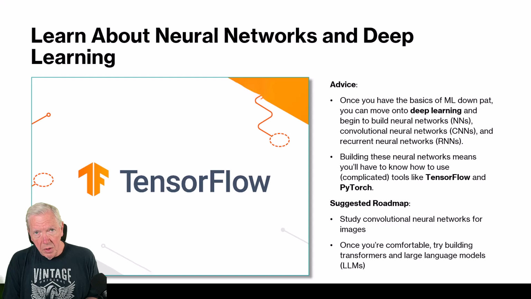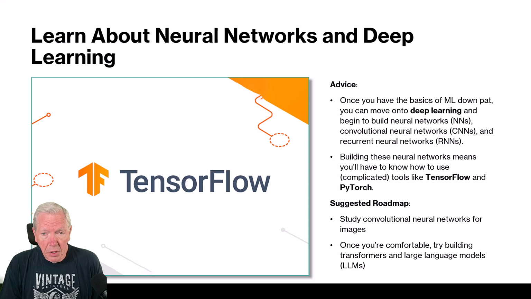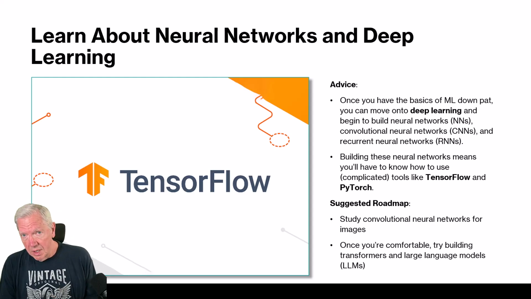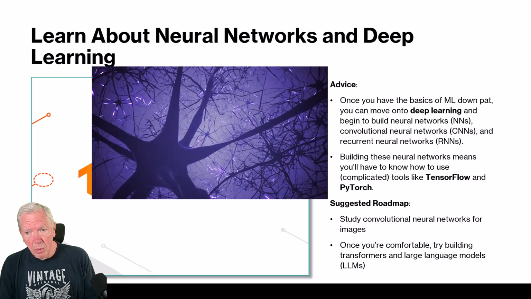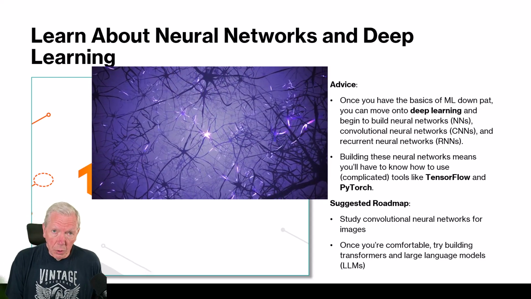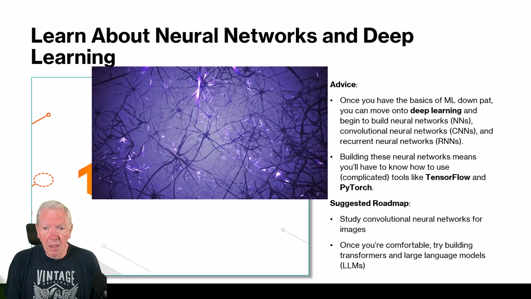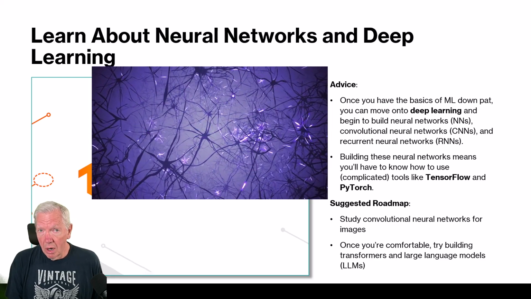Now, as you're doing your work learning about AI, ML, and DL, one of the things you're going to wind up getting involved with are called neural networks. There are different types of neural networks. They're abbreviated as NN. There are what are called convolutional neural networks, CNNs, and recurrent neural networks, RNNs.